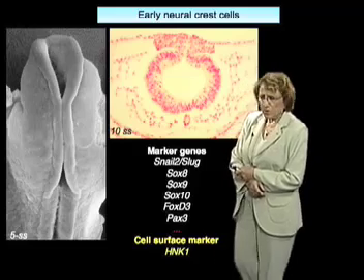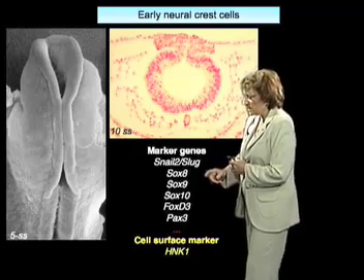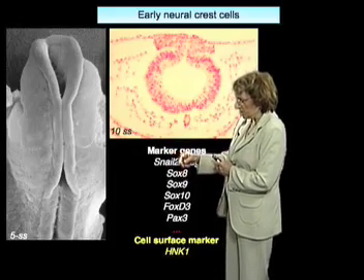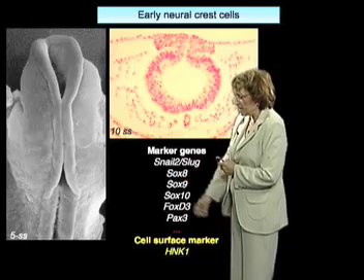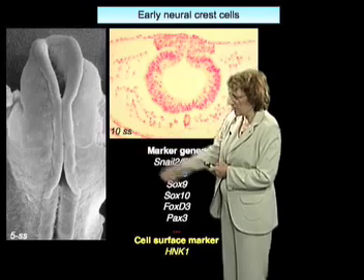And they also carry a glycoprotein which has a glycosylated epitope, which is recognized by the monoclonal antibody HNK1.